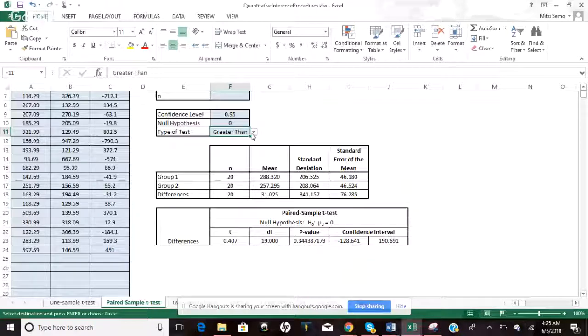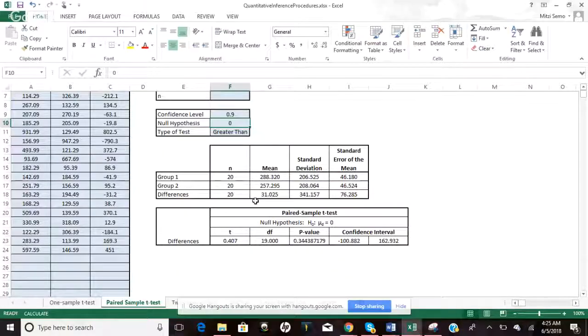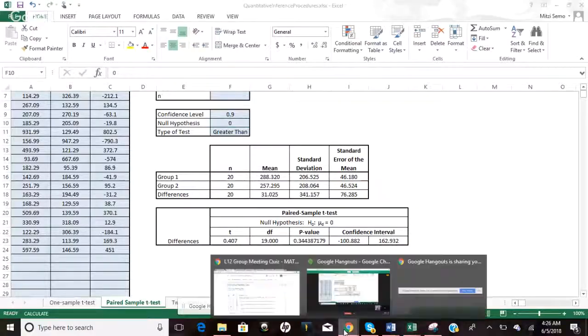The confidence level is supposed to be 0.9, right? Yeah, because it's 0.1 significance level, and then this is greater than my hypothesis. So what's the question? What is the correct decision based on this?